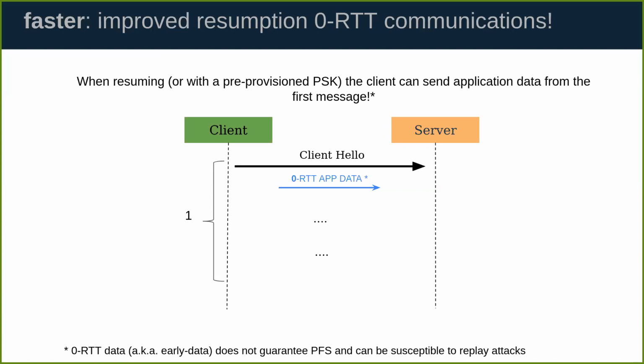But one thing to note for zero round-trip time or early data is that it does not guarantee perfect forward secrecy. As we've discussed before, perfect forward secrecy is using new keys for every single connection. The cipher material used to encrypt the early data depends on the cipher material of the previous connection or on the out-of-band PSK data, which can be static and can be a source of lack of perfect forward secrecy.